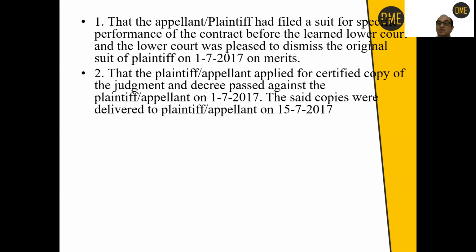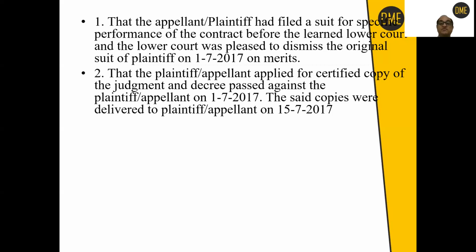But the office of the court usually takes time in preparation of the decree and then preparation of certified copies. According to CPC, the decree must be prepared within 14 days of pronouncement of the judgment. So in this case also, the judgment was pronounced on 1st July and the decree and the certified copies were delivered to the appellant on 15th July.